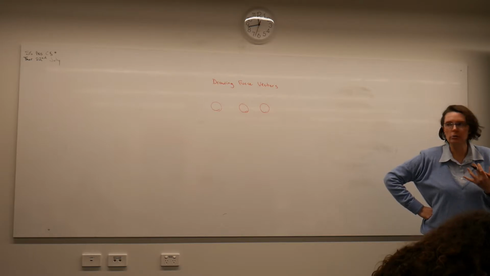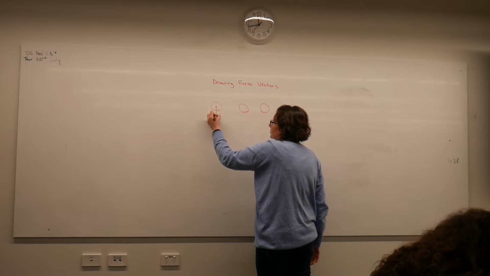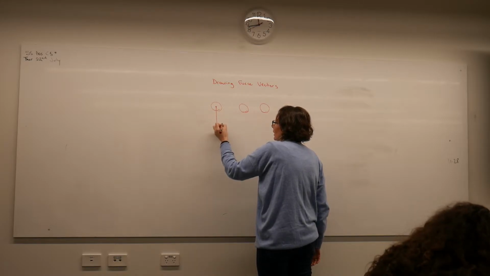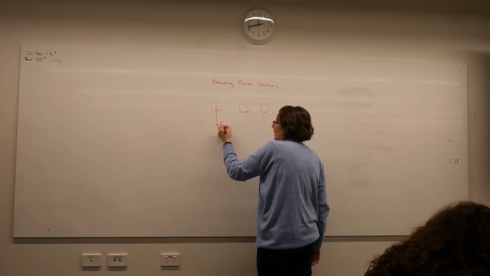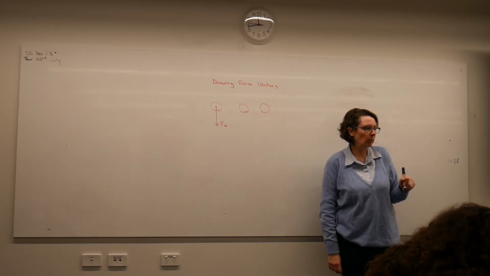The general rule of drawing force vectors is that the tail should be at the centre of the object. So if I'm drawing my weight force, I'm drawing it from the middle of the object and it's pointing down.